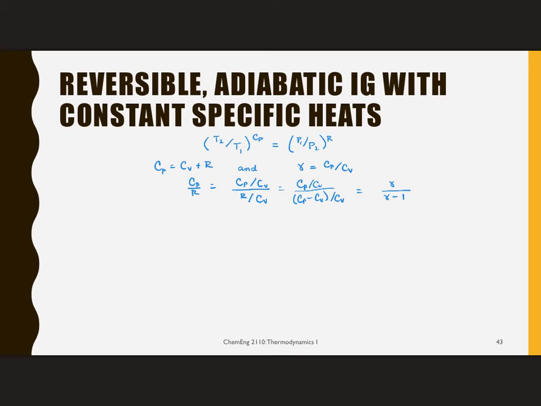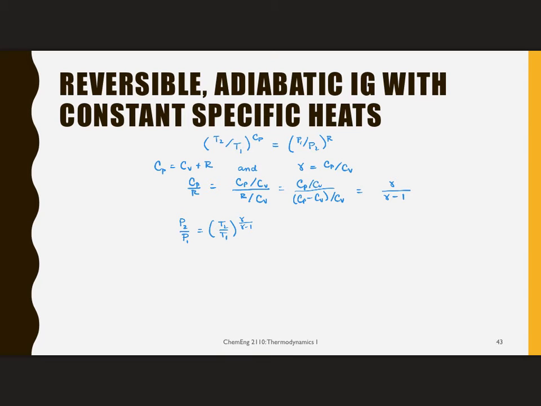Now, I can use this so that if I rearrange this to the form we actually used earlier, P2 over P1 is T2 over T1 to the gamma over gamma minus 1 power.